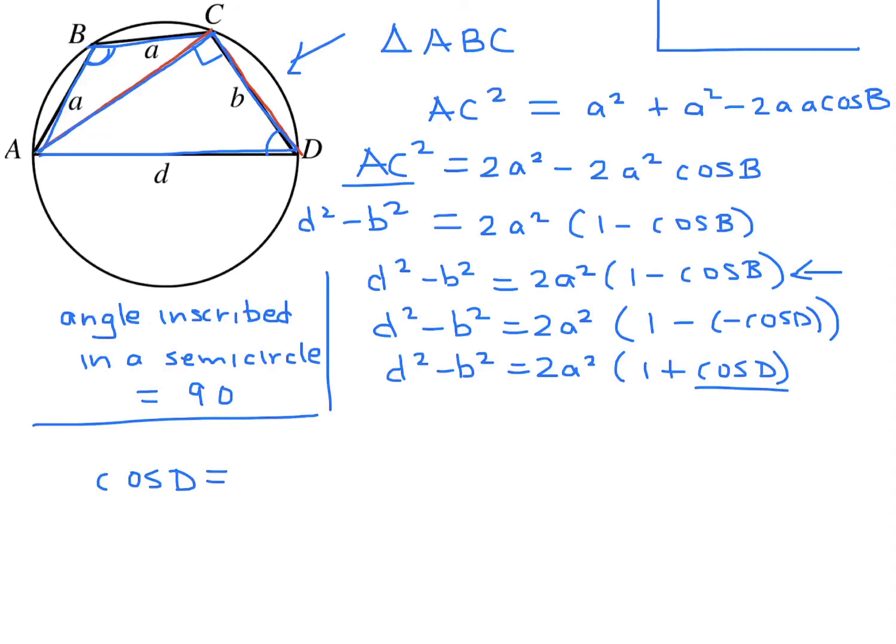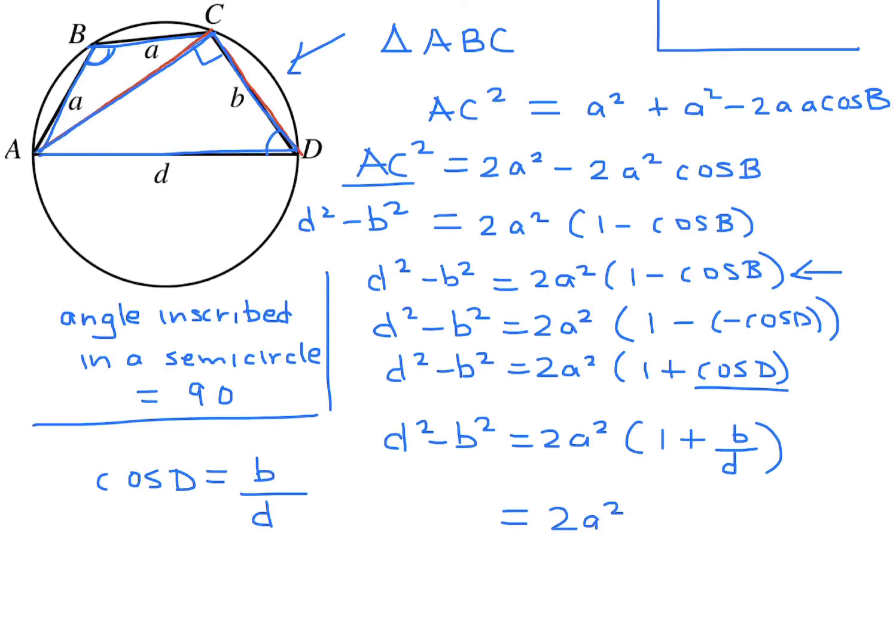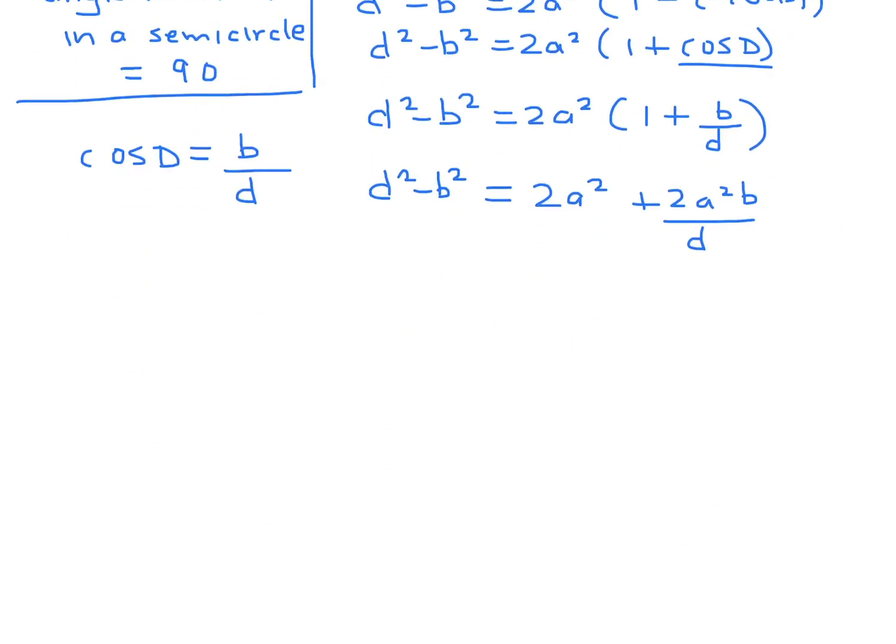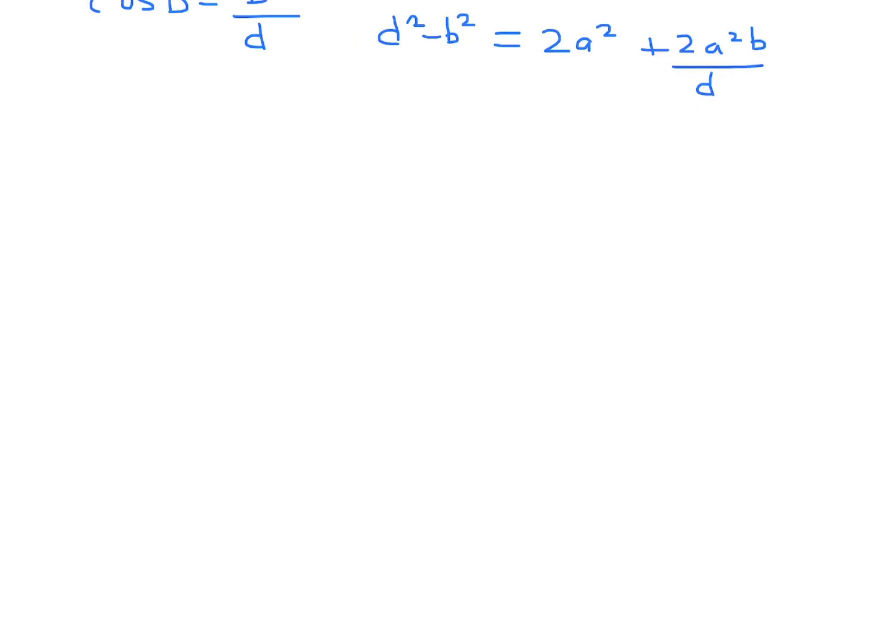The cos of D would be the adjacent, which is B, over the hypotenuse, which is D. So we can substitute that in here, and therefore we can get rid of this cosine. 1 plus B over D, like that. And then multiply out, you get 2A squared plus 2A squared B over D, equals D squared minus B squared. Right? There you go. So now we've got to do a little bit more algebra to simplify this.